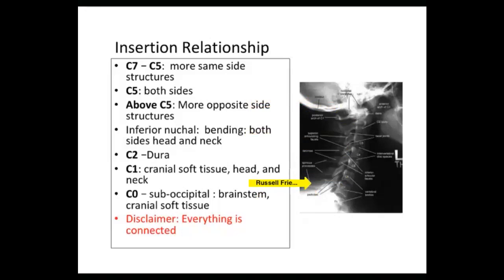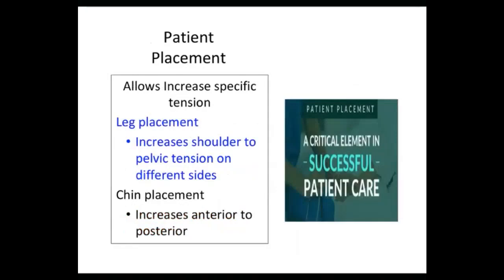What we're going to learn in Atlanta is how to move the patient so that I can take them from releasing things on this side to things on the opposite side, and then from a static release to a dynamic release, which I'll talk about in the end. I'm just trying to give you an overview of what's going on here.